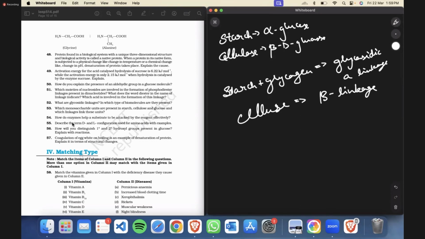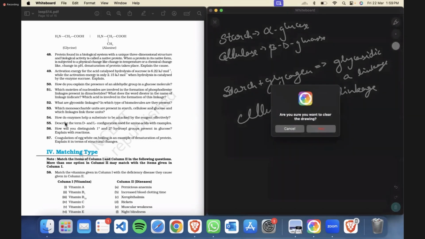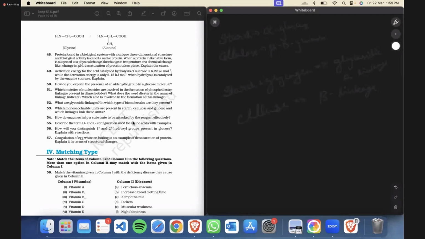Okay, so the next question is question number 54: How do enzymes help a substrate to be attacked by the reagent effectively? See, the active site of the enzyme is a structure like this. Suppose it is something like this. And now what will happen is it will hold the substrate molecule here.